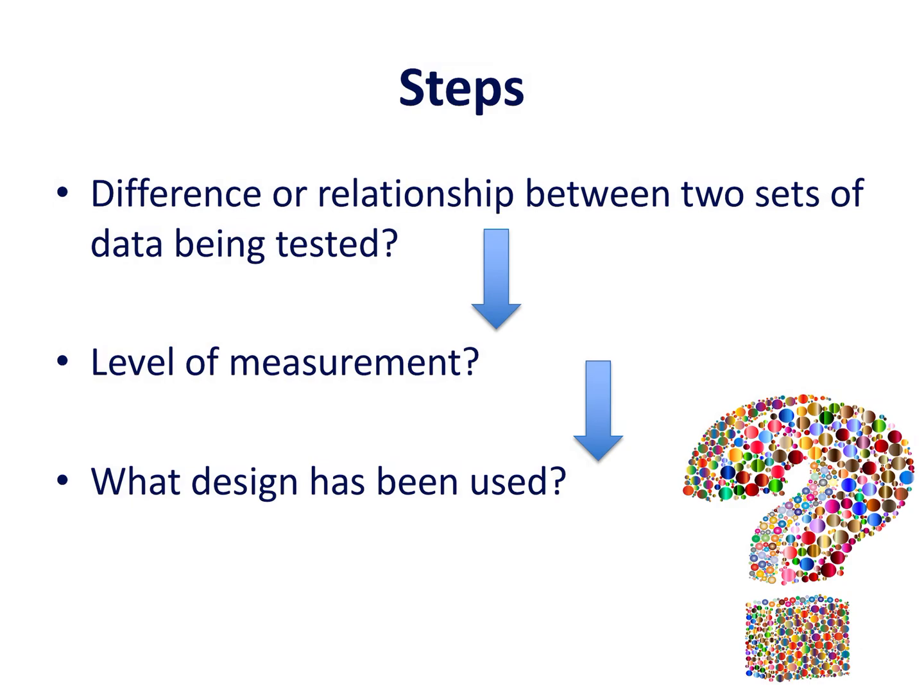And then you ask yourself, what design has been used? This is specifically relevant if an experimental design has been used. Essentially, you're asking whether a repeated measures or an independent groups design has been used. Depending on the answers to all three of those questions, you progress to a very specific type of inferential test.